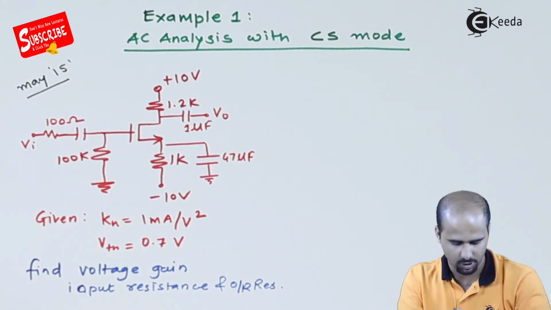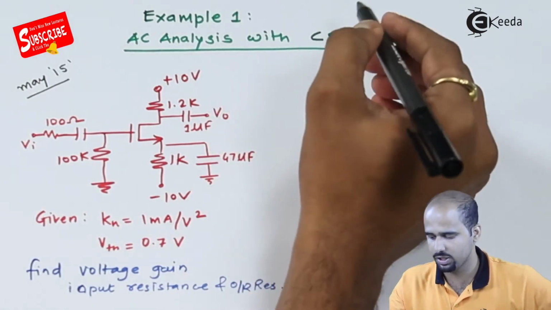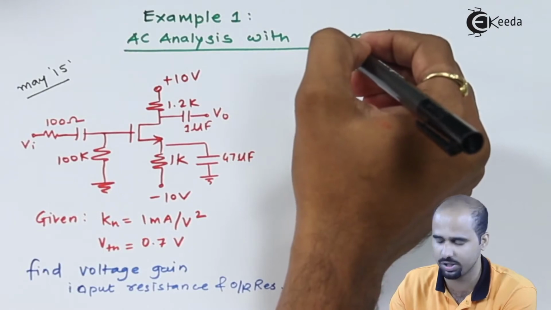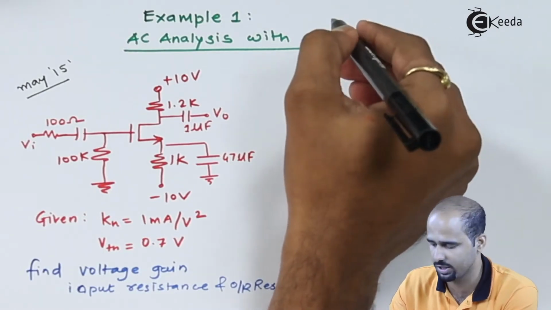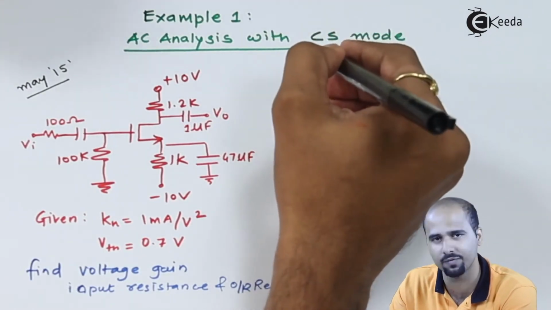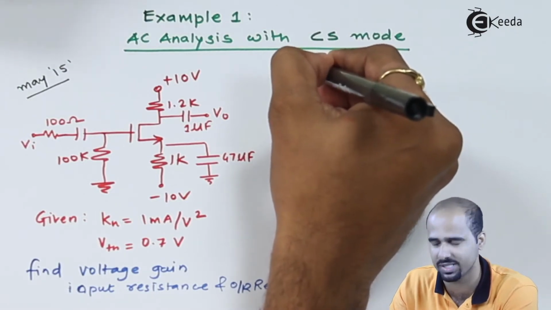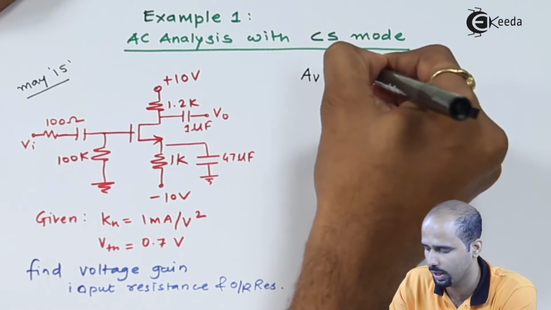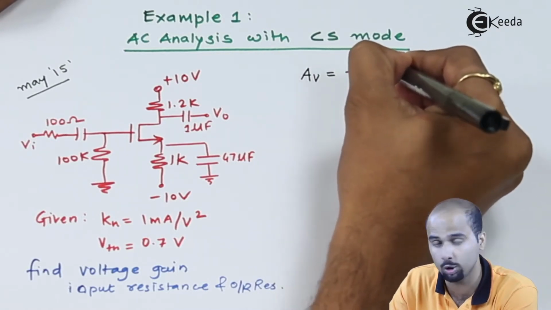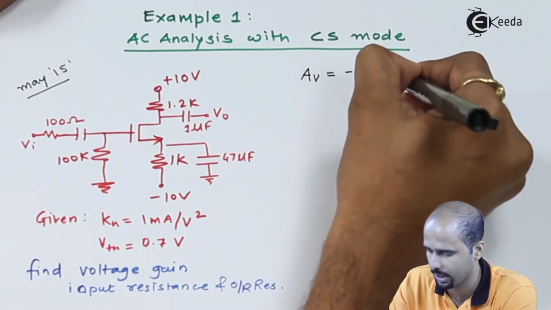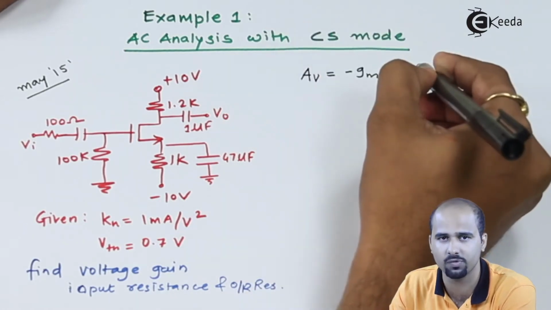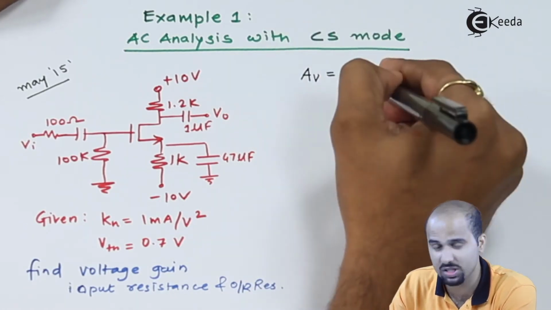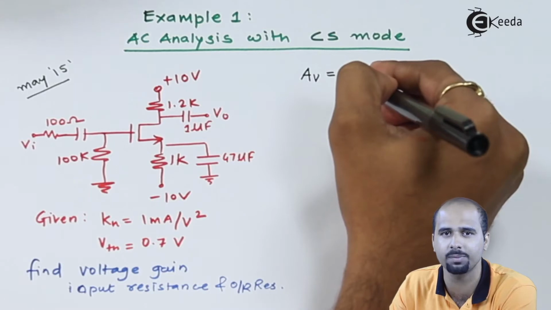Let's proceed further. So your step number 1 is not exactly AC analysis, because for AC analysis first we have to understand that if we move directly towards the AC analysis, we will get the value as gm into RD as your Av, that is voltage gain. But what's the value of gm? gm is the DC parameter, right?